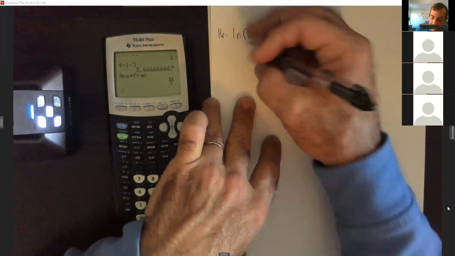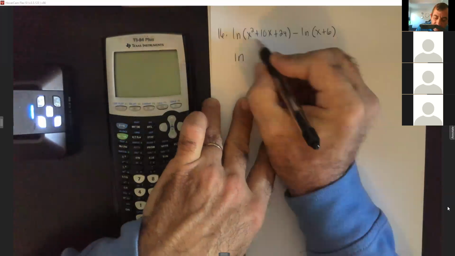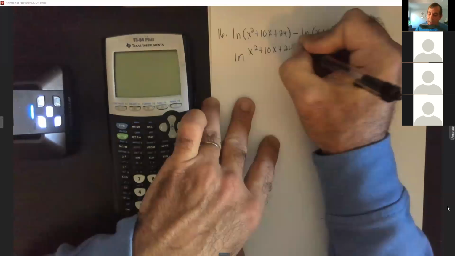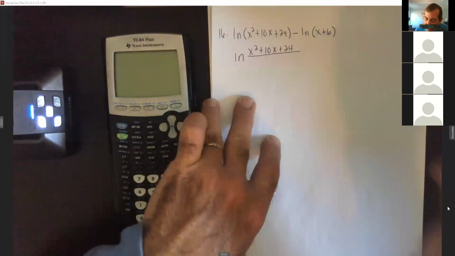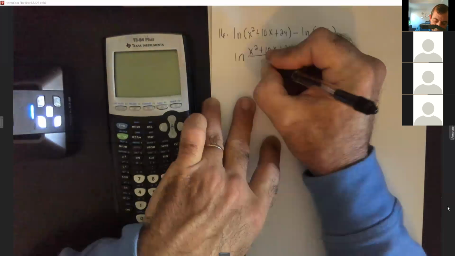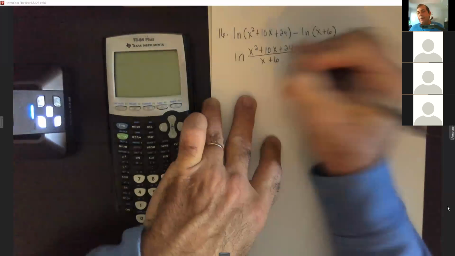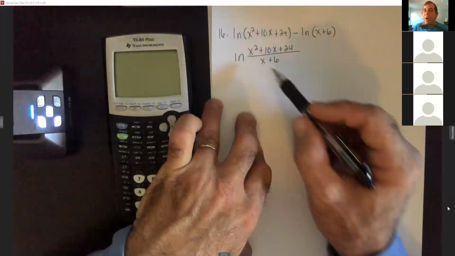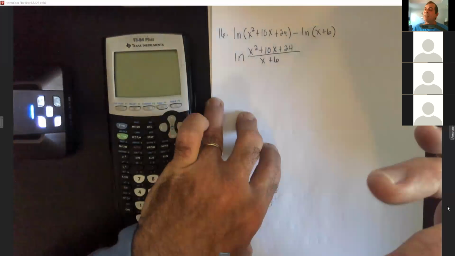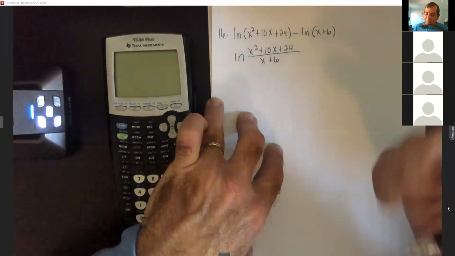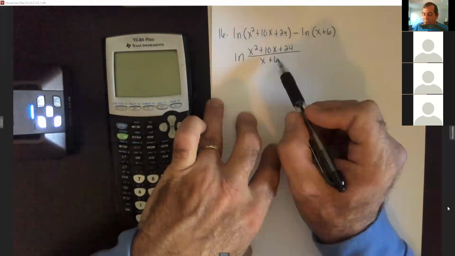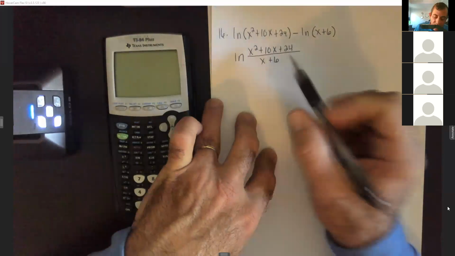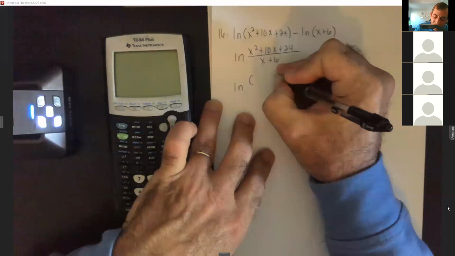So ln, the top will be the x squared plus 10x plus 24, and then the bottom will be, what, I got an x plus 6? So here's the trick on this one. We've got our answer, but we're not what we would consider in simplified form. To be in simplified form, we have to make sure there are no factors on top that match a factor on the bottom, which means what we're going to have to do is factor the top.